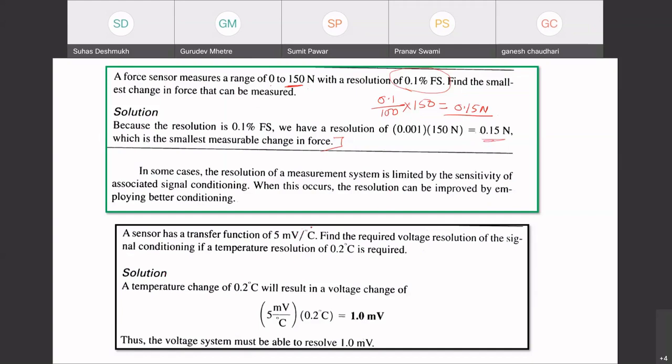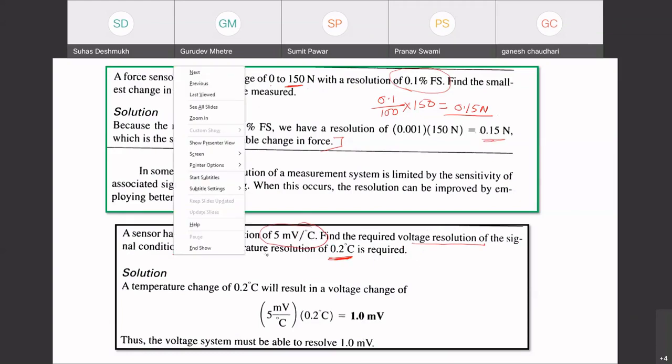A sensor has a transfer function of 5 millivolt per degree Celsius, and a temperature resolution of 0.2 degrees Celsius is required. Find the required voltage resolution in the signal conditioning.